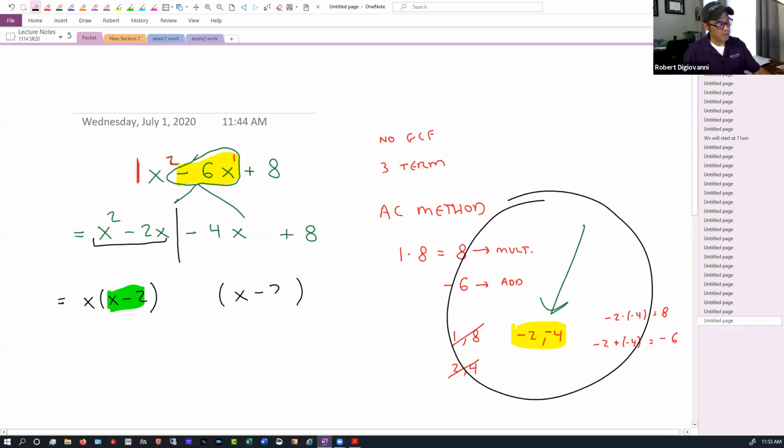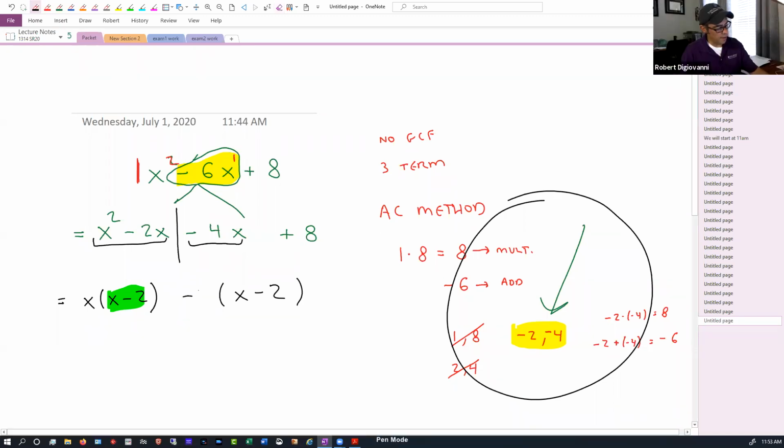That would have to be there. So maybe you just write that down and then ask yourself, what goes here? What would you have to multiply this times to get this up here? What would the question mark have to be to get negative 4x out when you distribute that? You'd have to have a negative 4, right?